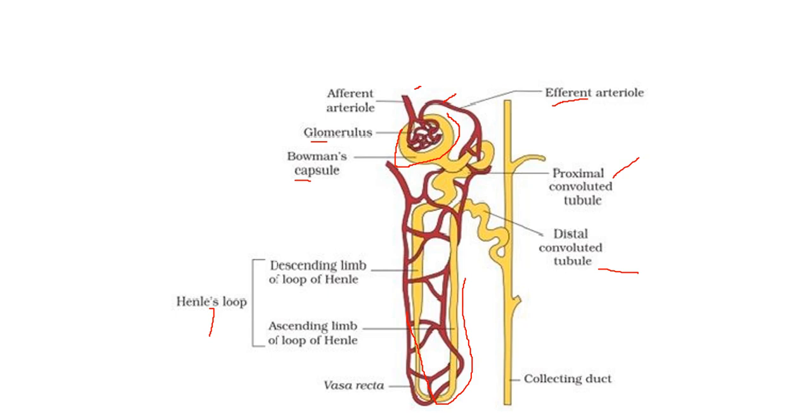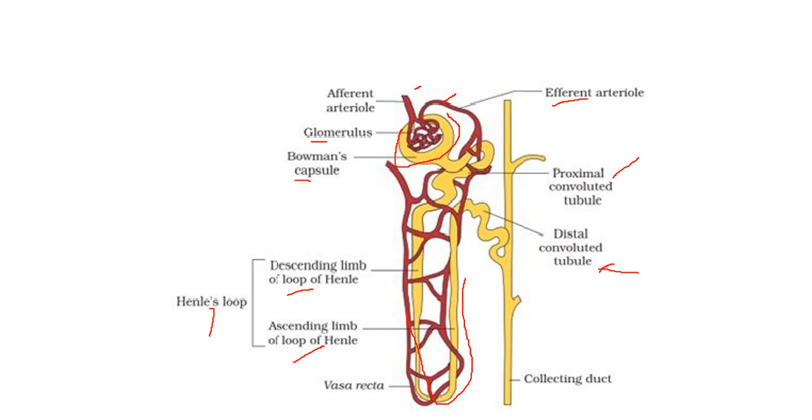The loop of Henle is divided into two parts: the descending limb, which is the first part, and the ascending limb, which is the latter part.